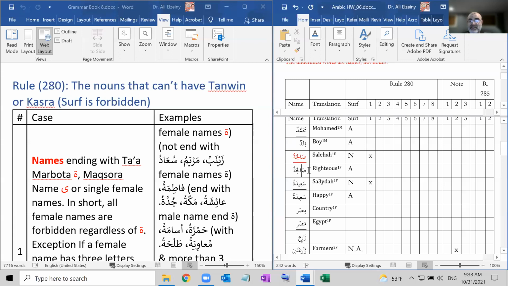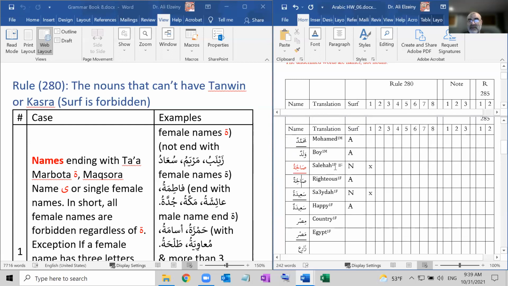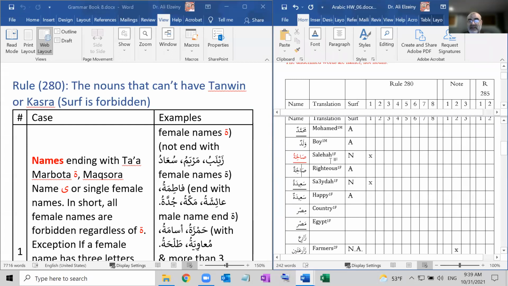And when Saliha is used as a noun, it doesn't have a line under it, and it is translated as righteous, one F. The Saliha here, sarf is not allowed.